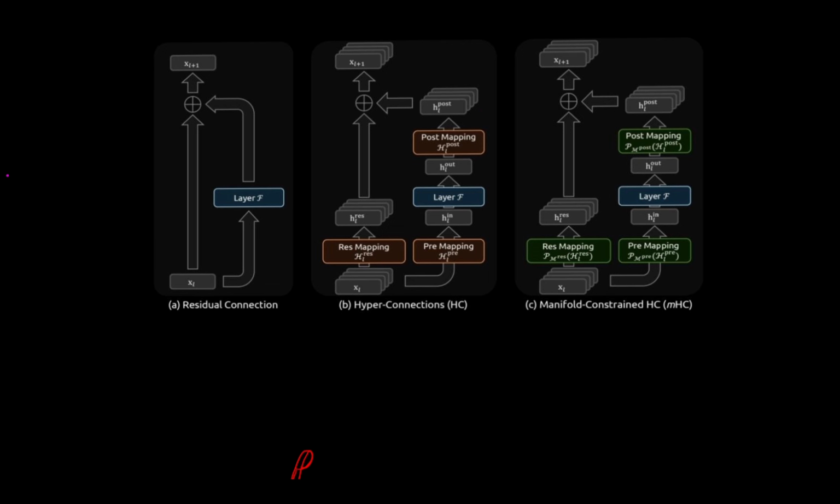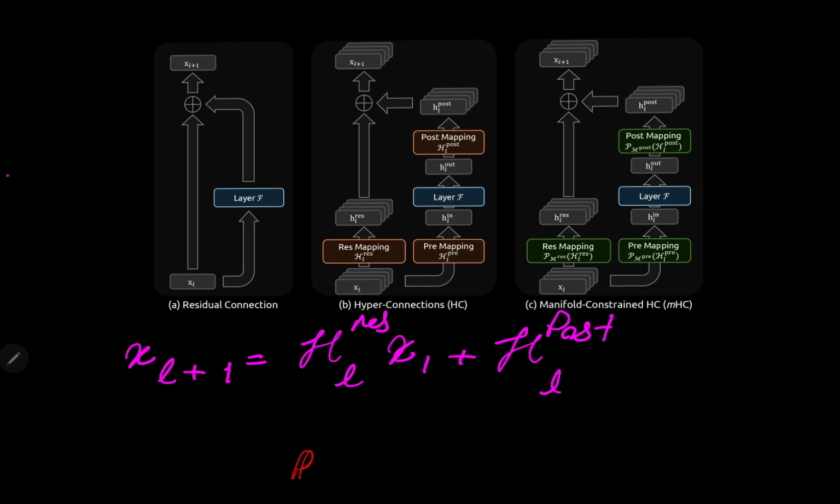If you want to go back to the paper and see how they explain it mathematically, each layer is the hyper-connection residual mapping of the previous input, plus some post hyper-connection of the function, which is the same as the function in the residual connection, but here we also have the pre-hyper-connection and the weights of that layer.